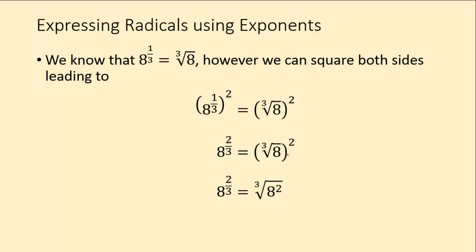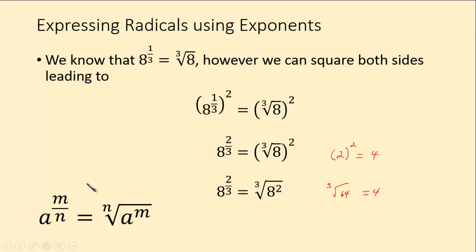If I find the cube root of 8 first, that's going to give me 2. And then if I square that, I will get 4. Here I take the cube root of what? 64, which also happens to be 4. So this is not proof, but I think you get the idea that having the square of the cube root of 8 is the same as having the cube root of 8 squared.